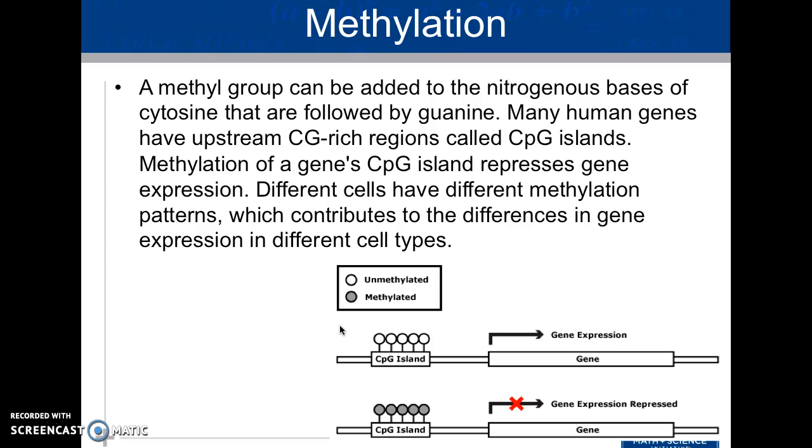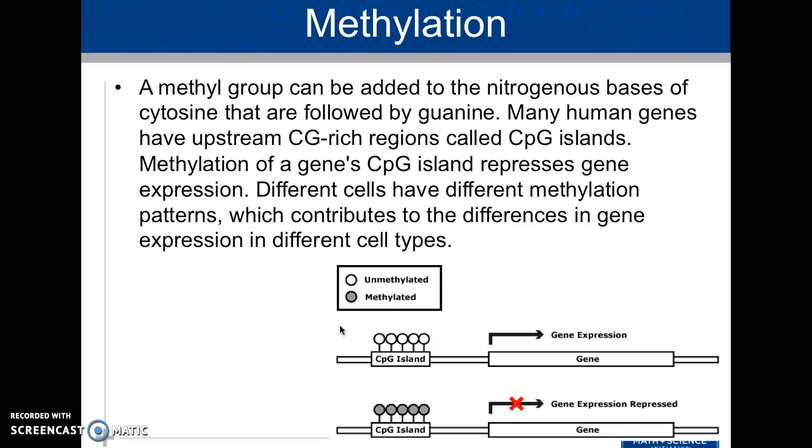The other process, called methylation, when we're talking about epigenetics, is that a methyl group can be added to the nitrogenous bases of cytosine that are followed by a guanine. Many human genes have upstream CG-rich regions. We call them CpG islands, but they're literally just repeats of C's and G's.